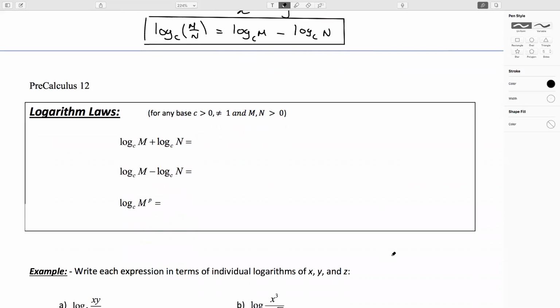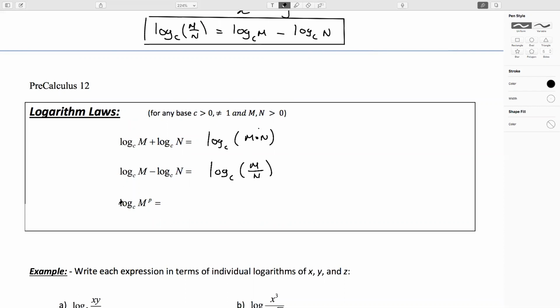So in their full glory, the log laws. First two we just proved. Log of m plus log of n equals log of m over n. Or sorry, m times n. What am I doing? This is adding. M times n. Log of m minus log of n is log of m over n.